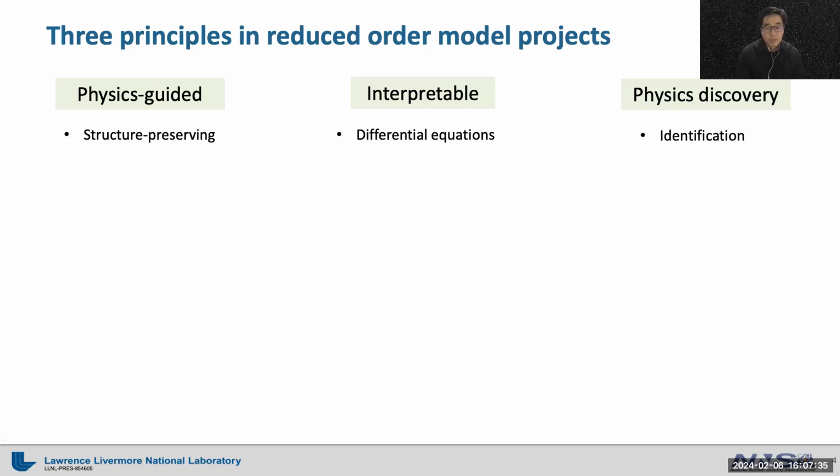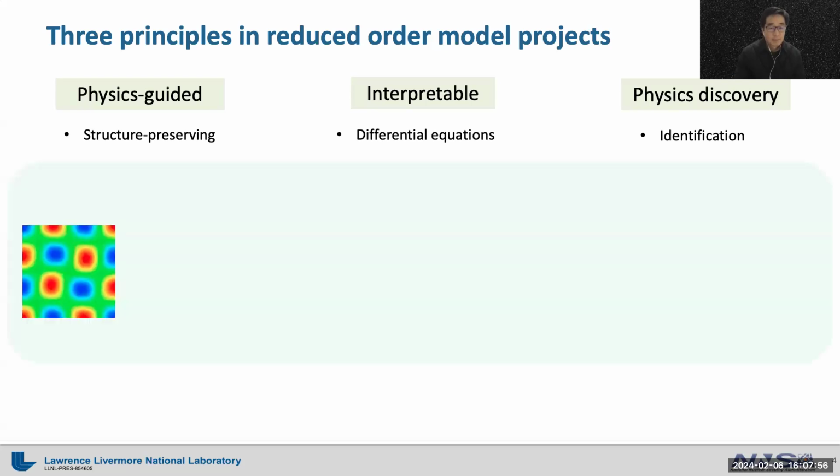In order to achieve that, we want our model to be differential equations, and a lot of times you may not know what differential equations you need to use. So in that case, we try to use a physics discovery algorithm to identify those differential equations to make our model interpretable. And a lot of times, because we are dealing with high dimensional data, it's hard to fit those high dimensional data into some sort of model.